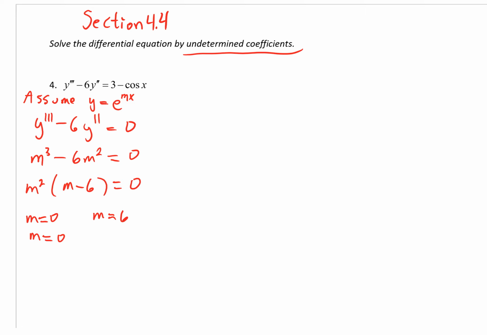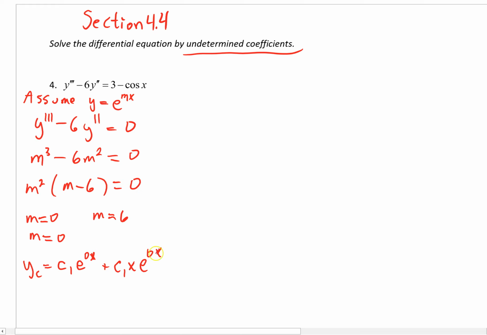So really we have what we could call our complementary solution. And that would be e to the 0, which of course is really just going to be a constant, isn't it? The fact that we've got 0 showing up again, remember how we would deal with that.